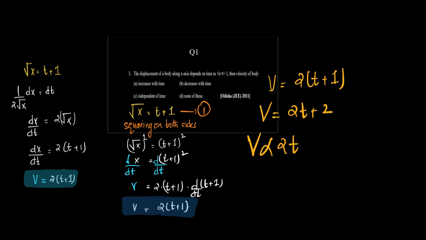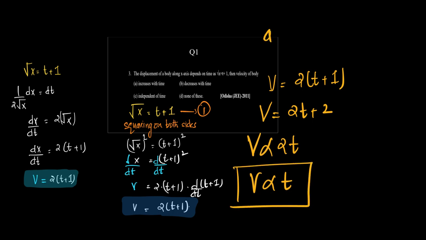Now 2 is a constant, therefore v is proportional to t. If v is proportional to t, what does this imply? It implies that as the value of t increases, v also increases. As the value of t decreases, v also decreases.